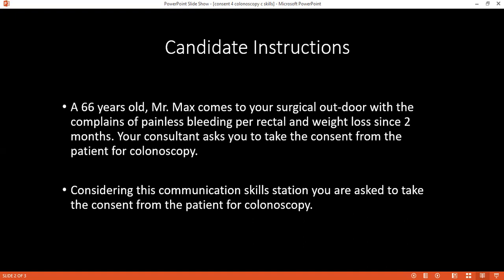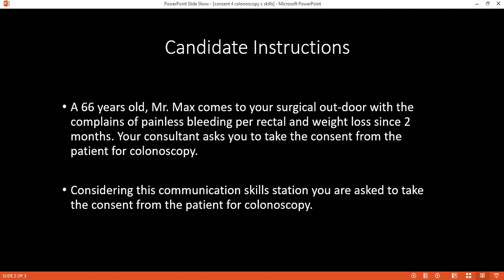Okay, let me confirm, Mr. Max, that I've explained the procedure we call colonoscopy to you, which involves passing a camera through your back passage to view your large bowel, and possibly we may collect a tissue.